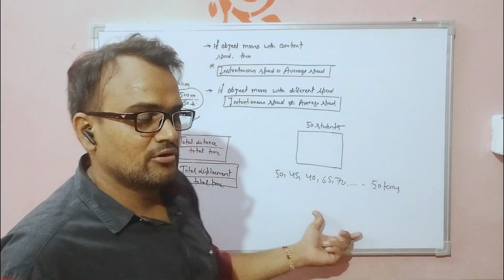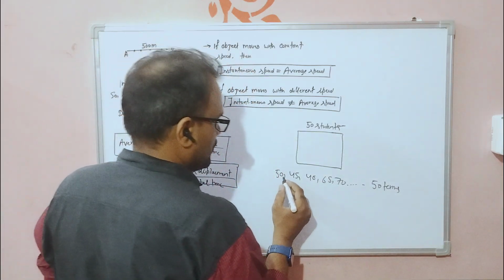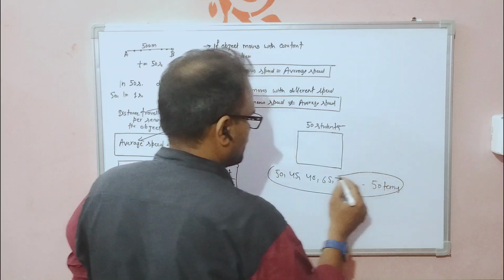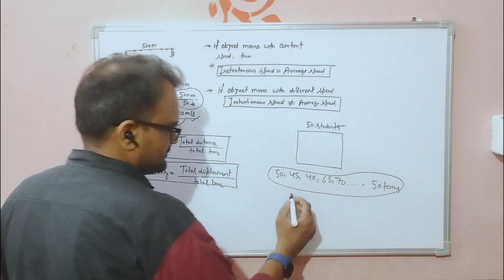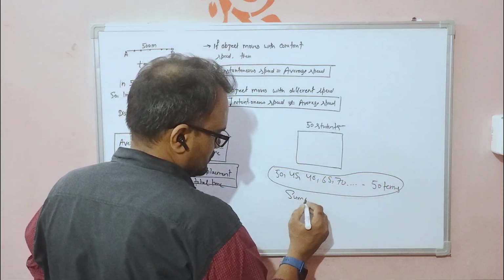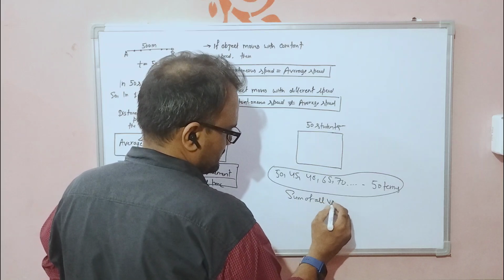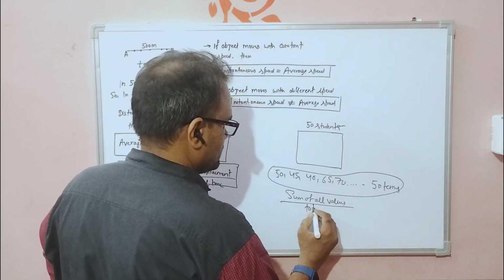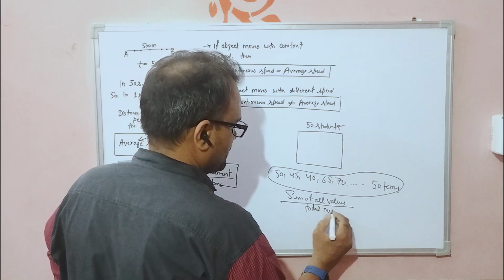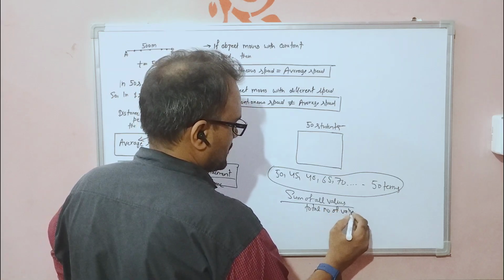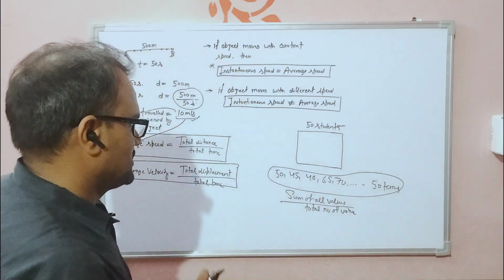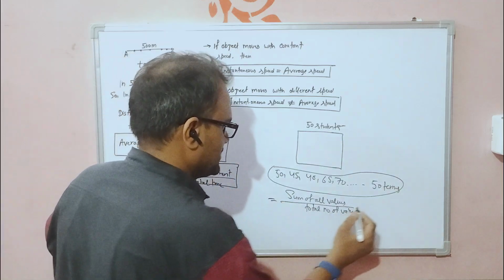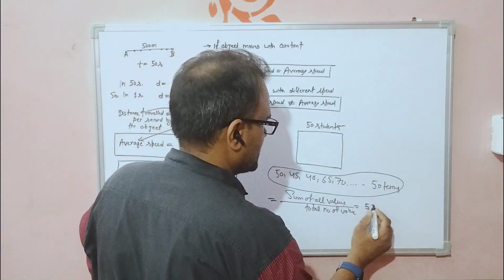For this, I will take the sum of all of these values divided by the total number of values. And let's assume this value comes out to be, suppose, 55, right?